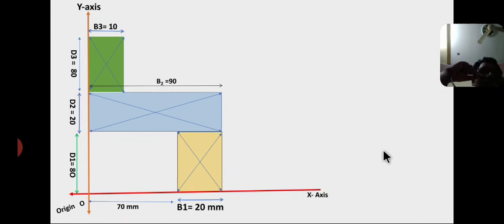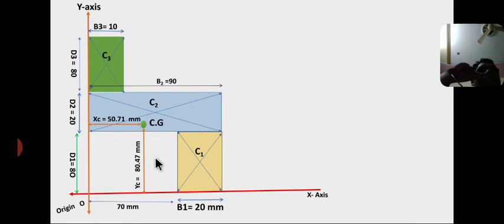Now I am showing the final position of the centroid, where C1 is the centroid of the bottom rectangle, C2 is the centroid of the horizontal rectangle, C3 is the centroid of the top rectangle, whereas CZ, the centroid or center of gravity, is at a distance of xc equal to 50.71 mm and yc equal to 80.47 mm.